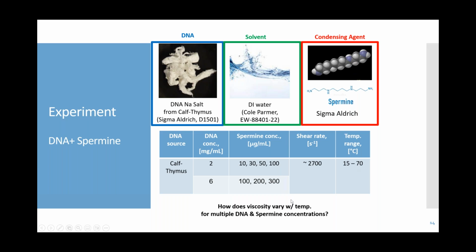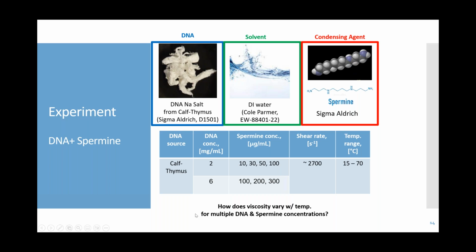What we want to learn from these experiments is to understand how condensing agents can affect DNA structure in a temperature sweep experiment. The reason that we performed a temperature sweep experiment is to understand the thermal transition and specifically melting or denaturation of DNA samples in the presence of condensing agents.